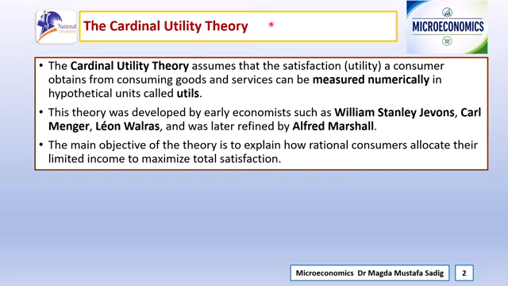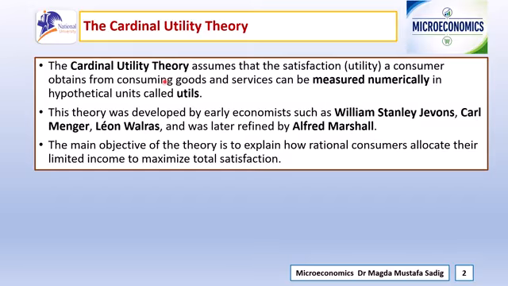This theory attempts to answer a simple but very important question. Why do consumers buy the goods they buy? Every day, each of us makes a dozen economic decisions. We decide whether to buy coffee or tea, whether to purchase a new mobile phone or save our money, and how much food or clothing to buy.